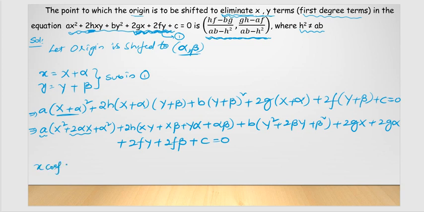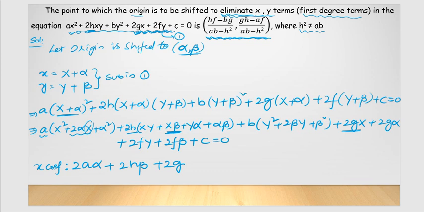Other than capital X, we need to take 2a into alpha, plus, here only x terms, so only the x coefficient I need to take, 2h into beta. So I get 2h beta, plus any more x terms. Here we have one more x term, where I get 2g.